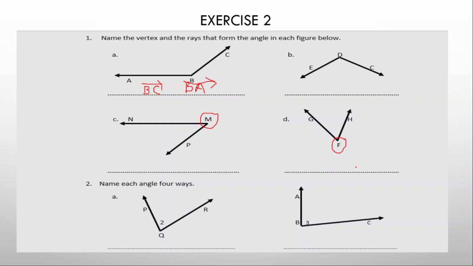Okay. Number 2. Name each angle 4 ways. Right. 4 different ways of naming this angle. I'll give you the first one. Just Q. Right. The next one, Q2.